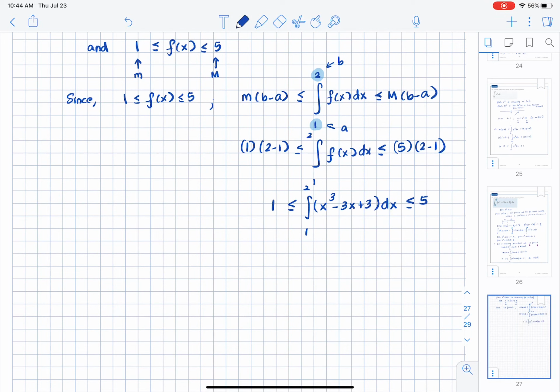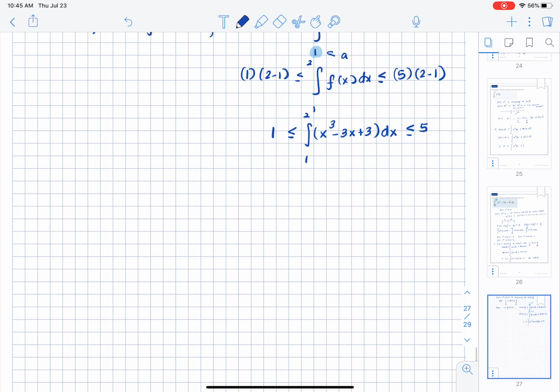But we can't jump to conclusion yet because we want to know the actual limit of the integral from 0 to 2. By limit, I mean the upper value and the lower value. So the original integral is from 0 to 2, x cubed minus 3x plus 3.